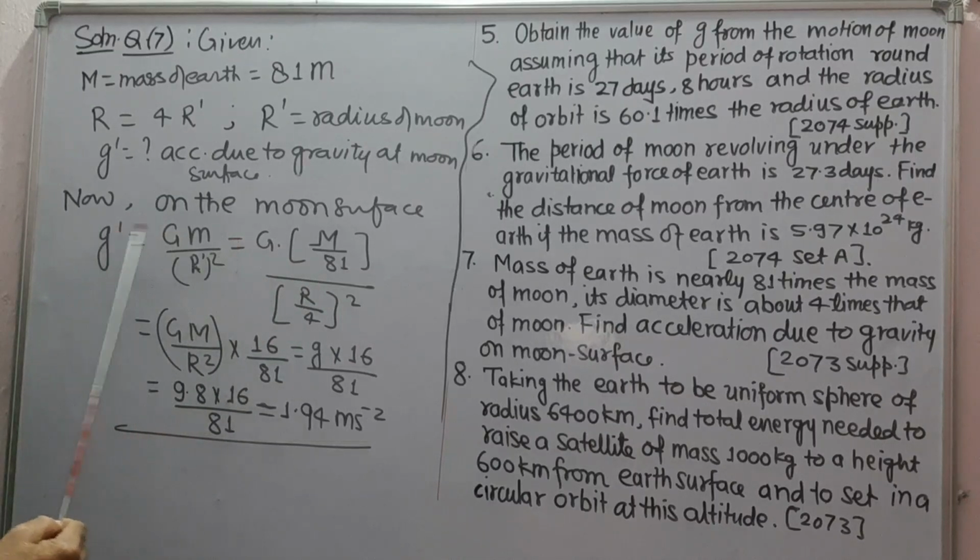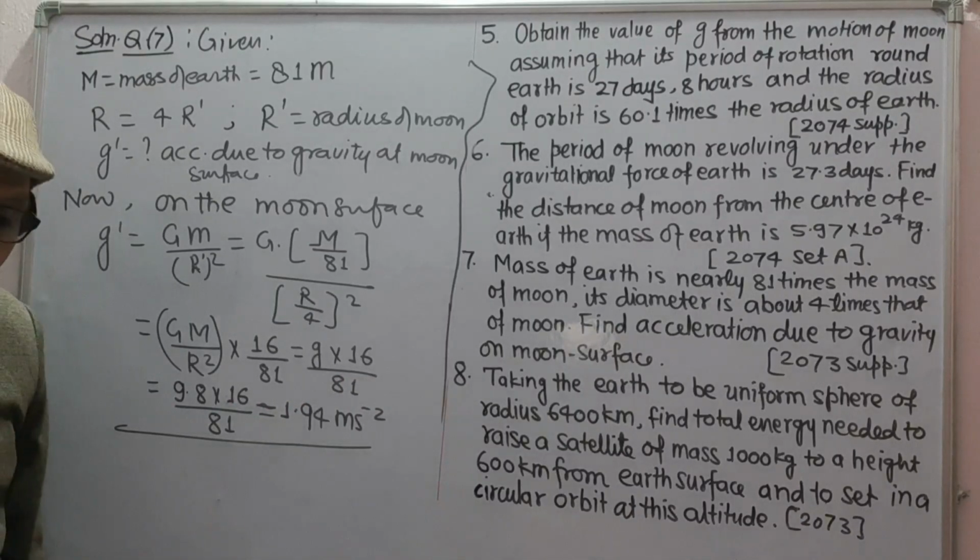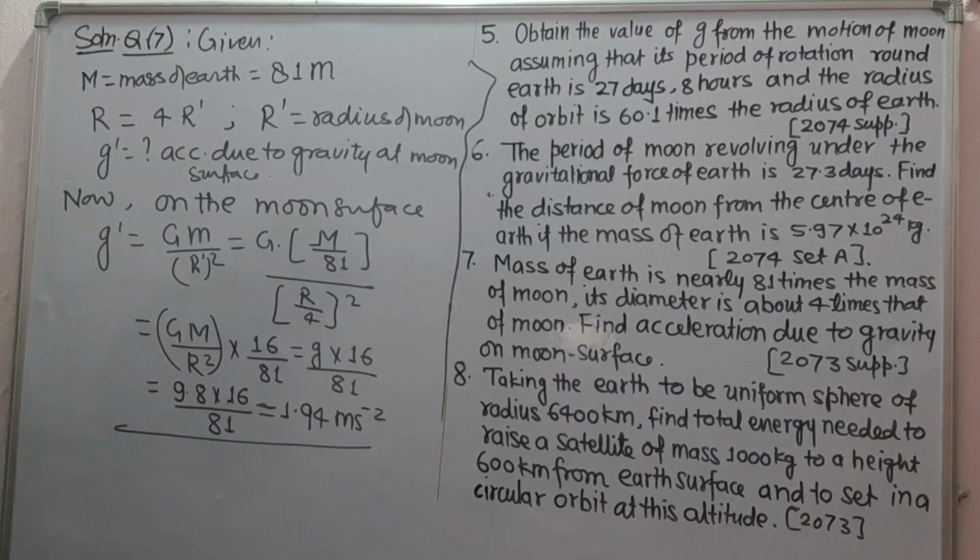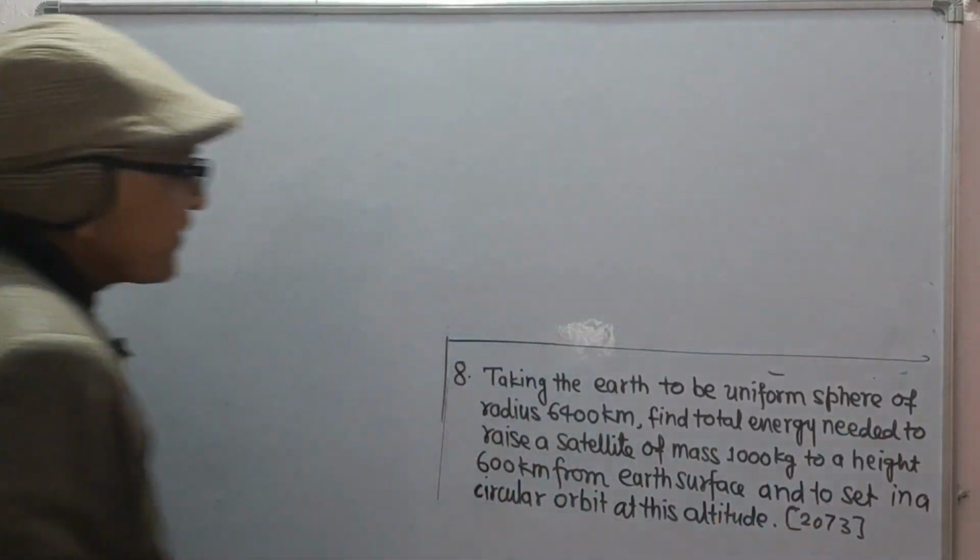So g dash will be equal to G M upon R square into 16 upon 81. So G M upon R square is small g, that is acceleration due to gravity on Earth's surface, into 16 upon 81, which gives 1.94 meter per second square, which is the acceleration due to gravity on Moon surface. Next, question number 8.